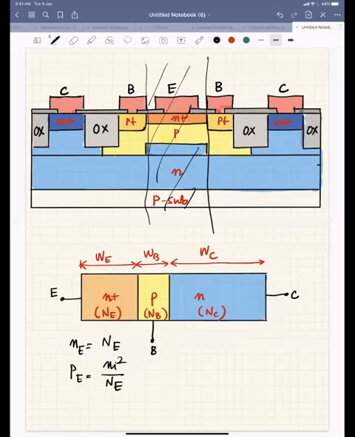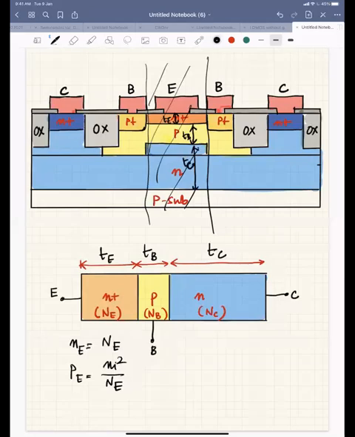Here, let's say this is the thickness of the emitter, this is the thickness of the base, and this is the thickness of the collector, right?